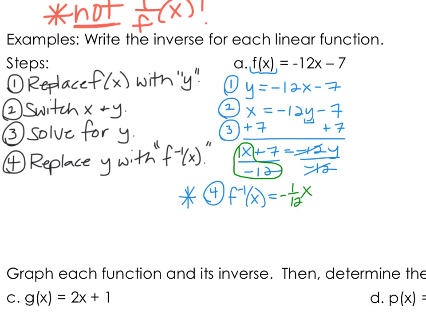Technically, there's a 1 out in front, and 1 over -12 would be a -1/12 slope. And then I'm going to do the second part, 7 over -12. Positive 7 over -12 is minus 7/12. This equation would be the inverse of the linear function f of x equals -12x minus 7.